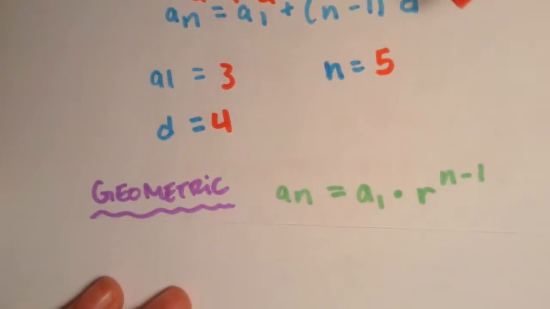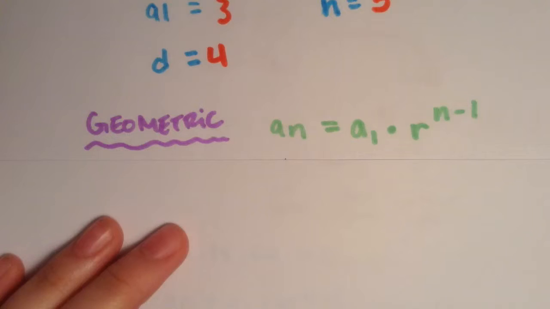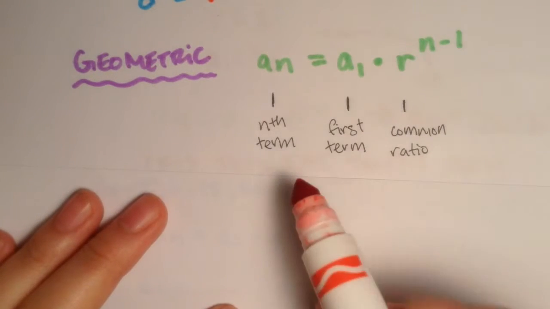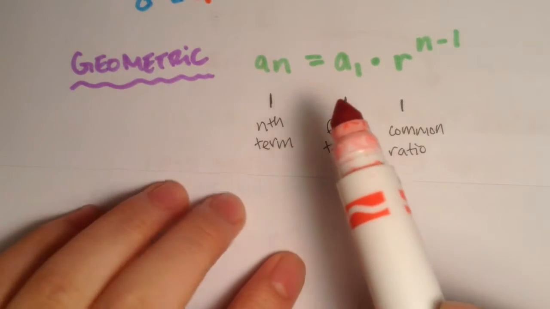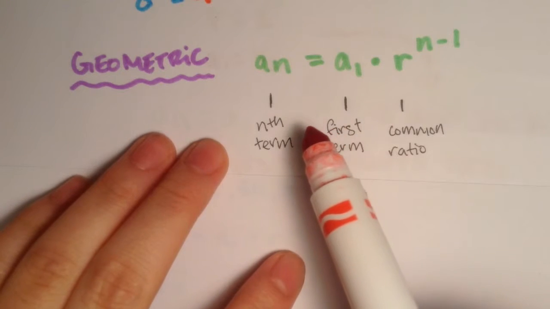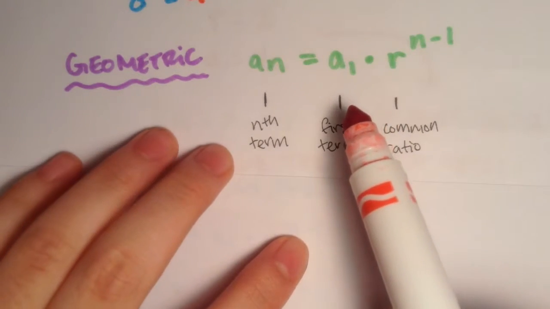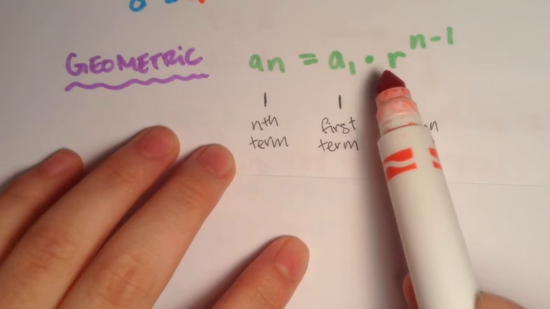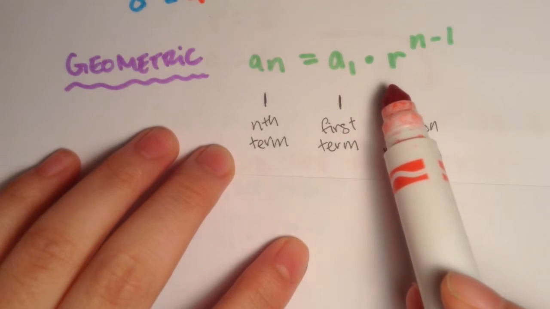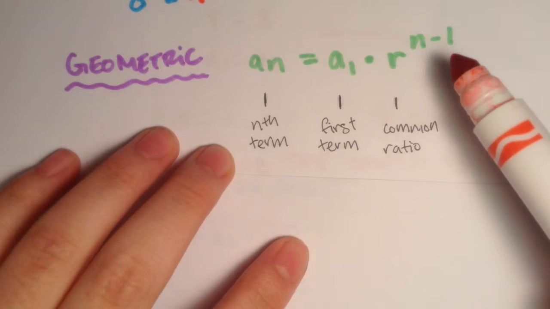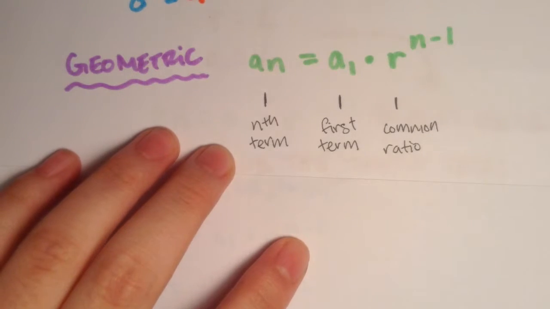Now, let's move on to geometric. To find geometric, the explicit rule is a sub n equals a sub 1 times, because it's geometric, the common ratio to the power of n minus 1.